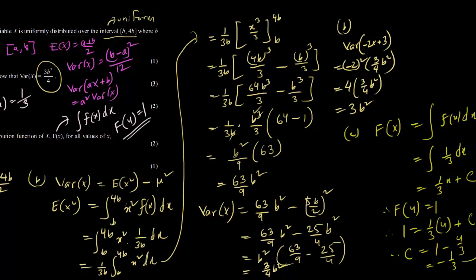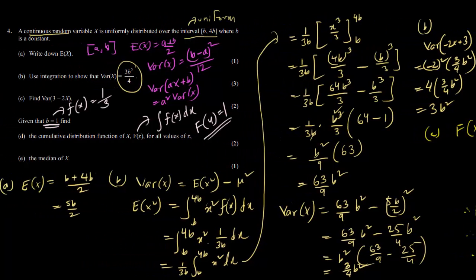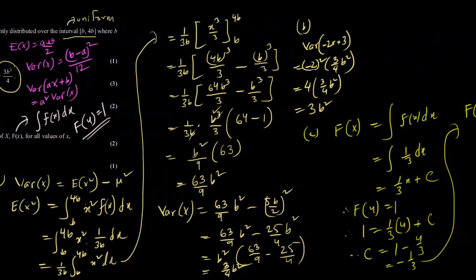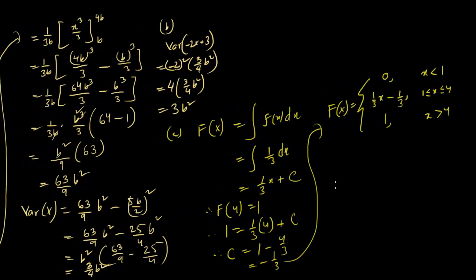The next part is to find the median. This is question number E, this is question number D, and this is C. Now you know the rule for median. Let the median be m, F of median equals 0.5. That means 1 by 3 m minus 1 by 3 equals 0.5, and we have to solve this.